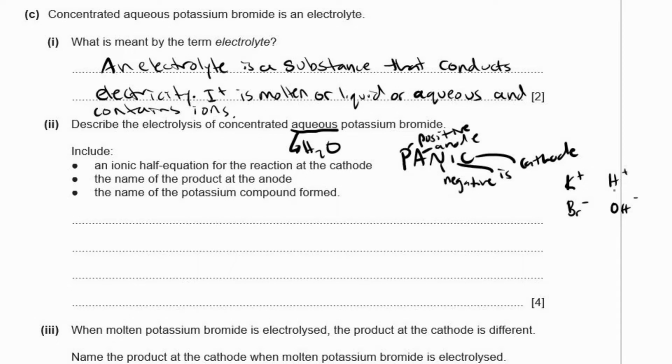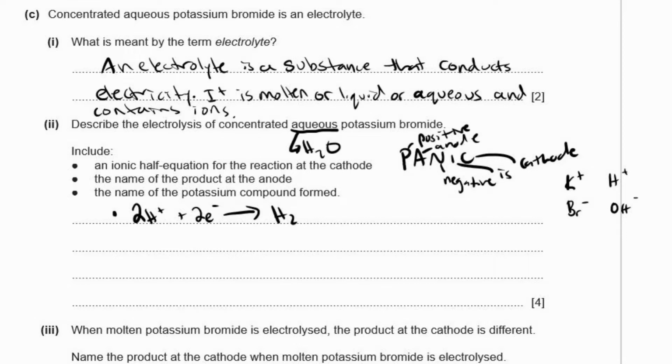The H plus is more reactive, so it will be attracted to the cathode. The ionic equation for this is 2H plus plus 2 electrons produces H2, and hydrogen is a gas that bubbles up.